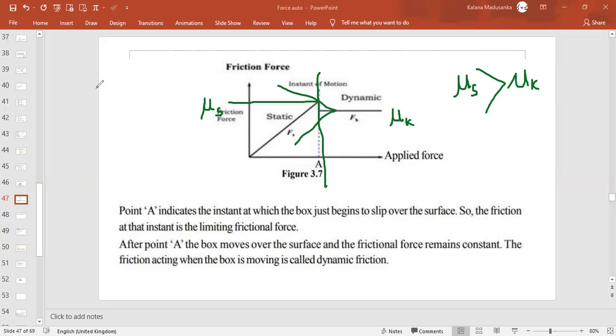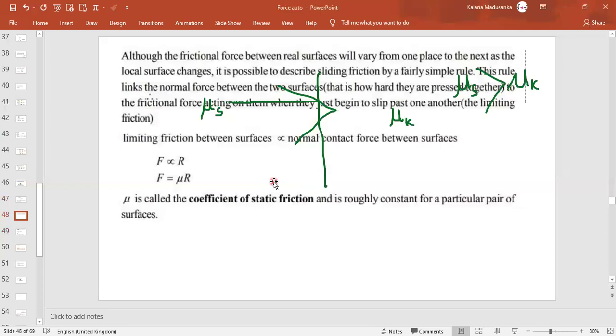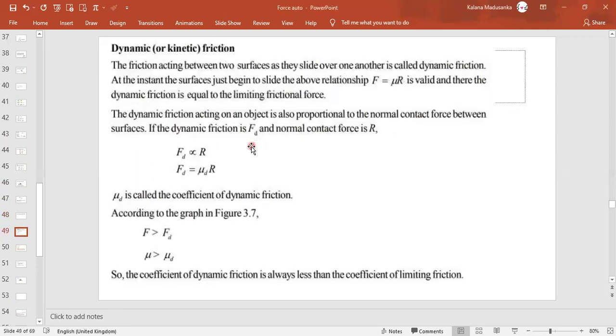So very simple: mu s values are like 0.12, and mu k is much smaller than that. Dynamic friction and kinetic friction are the same thing.